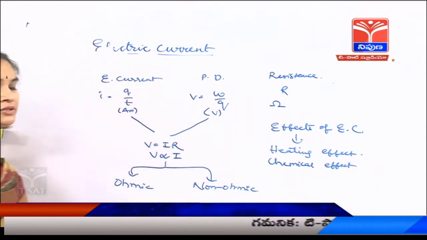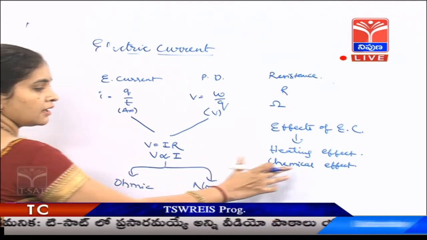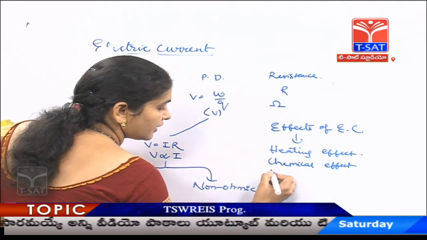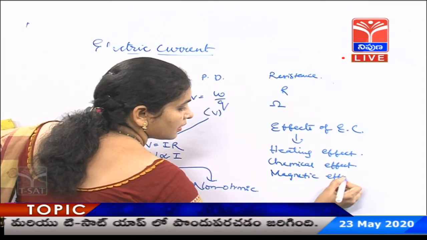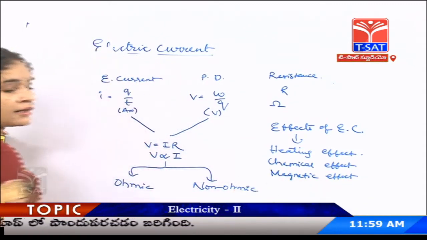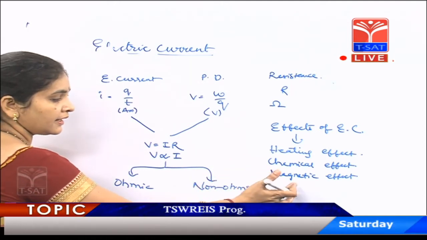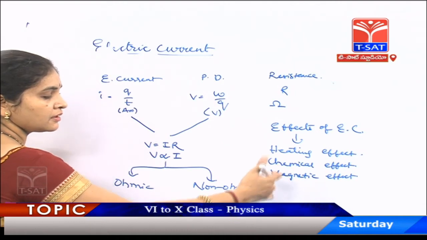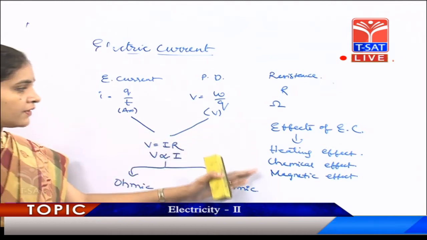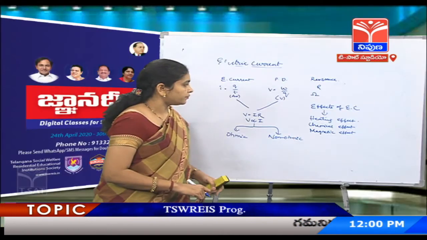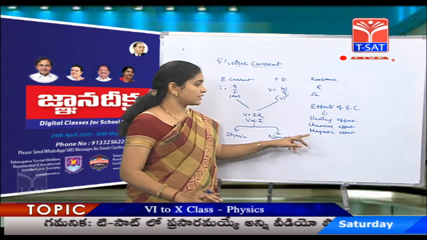When current passes through a solution, it causes a chemical reaction and it is used in electroplating. And the third one is magnetic effect. Oersted proved that electricity and magnetism are interconnected, and a current carrying wire produces magnetic field lines around it. So, these are the three effects we discussed: heating effect, chemical effect and magnetic effect.